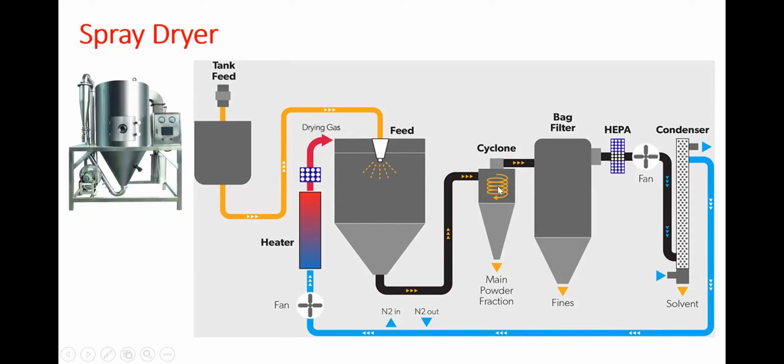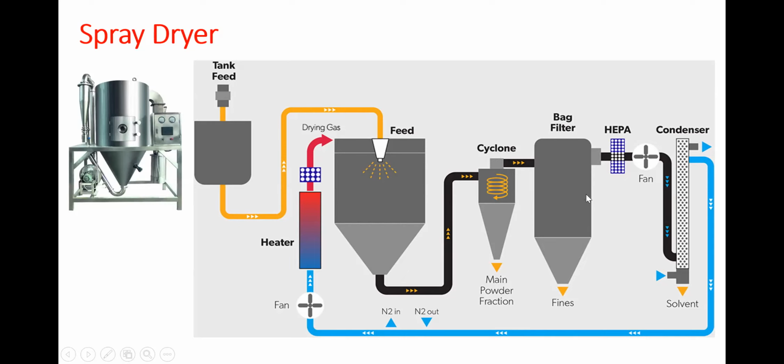The cyclone also has swirling gases to collect the main powder fractions here. This is to improve the drying and let it settle. At the same time, some residual powder will go through another filter, where the fine one will fly like ash, and the larger particles will settle down in the cyclone.